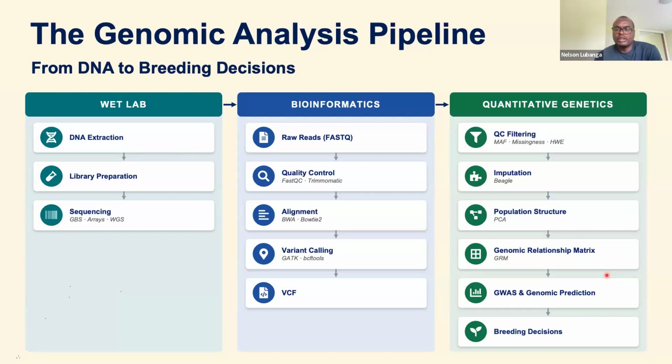Then comes quantitative genetics, which is where we'll spend our time today. We'll filter and impute the variants, examine population structure, build the genomic relationship matrix, and finally run GWAS and genomic prediction to inform breeding decisions.